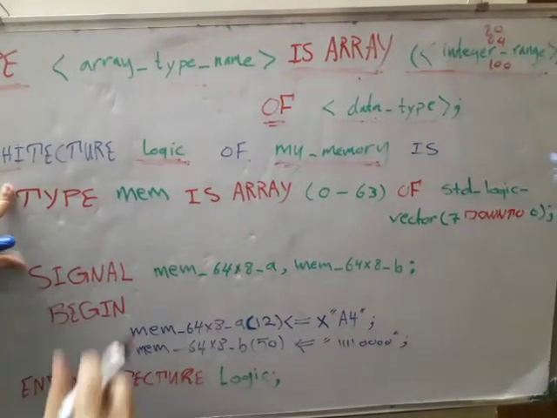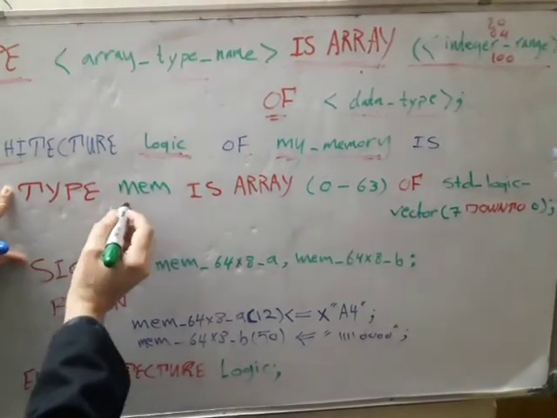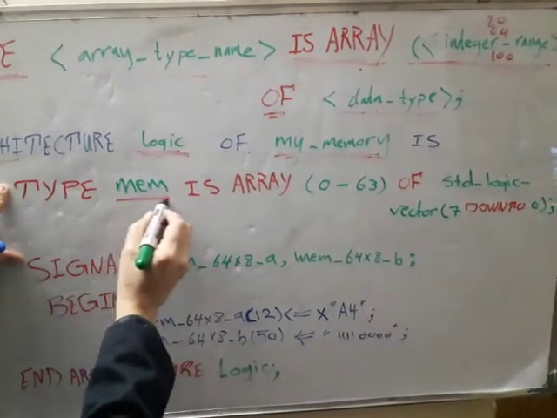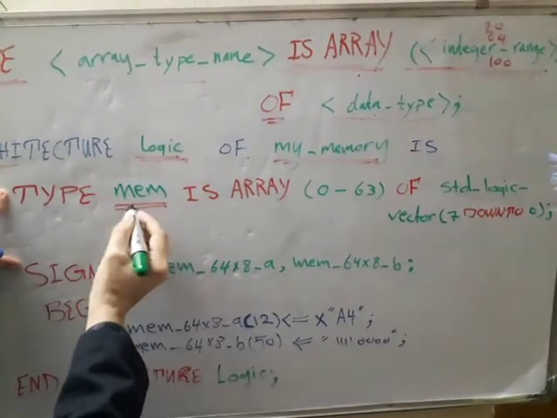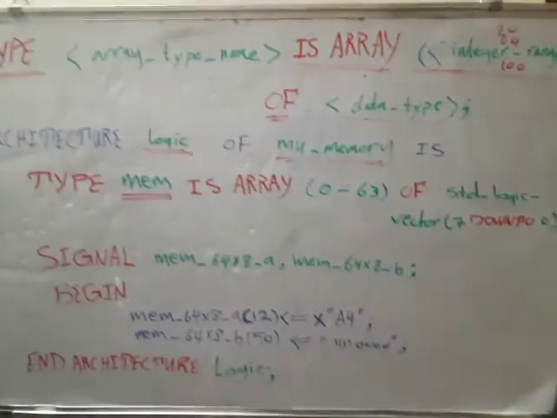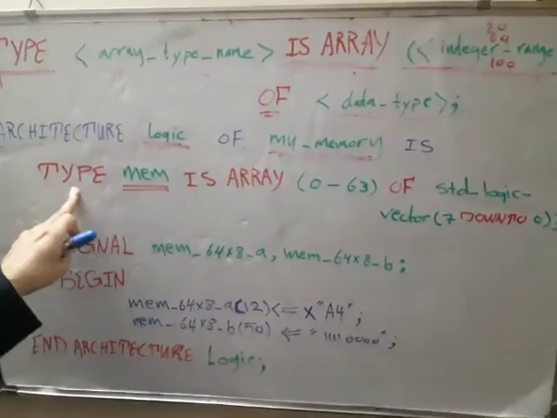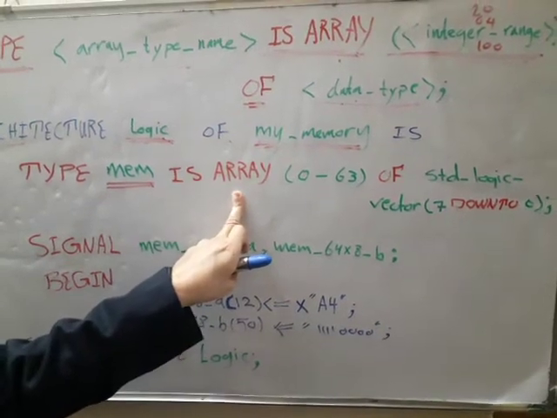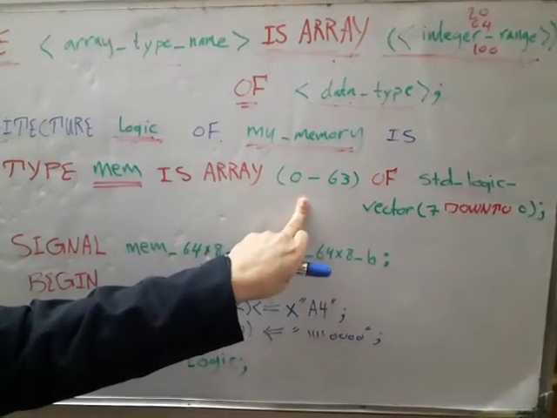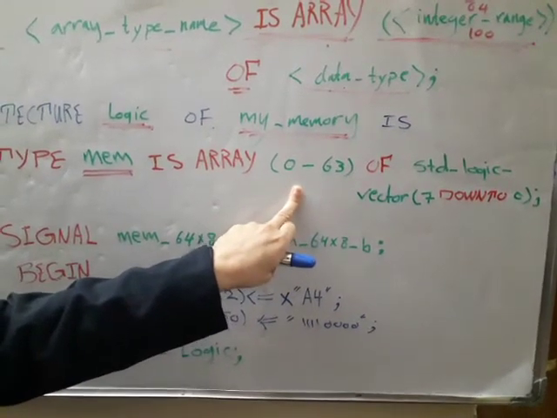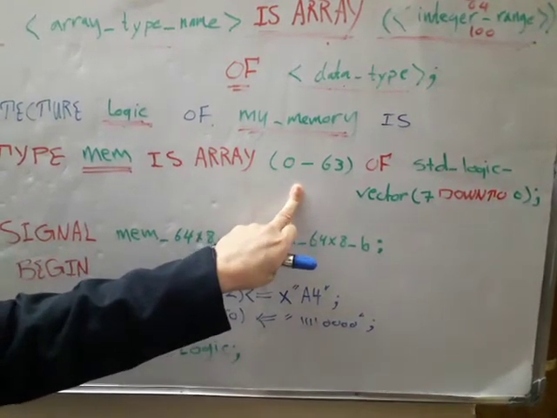Now we can define a new data type. Here we call it mem. So type mem is array. The length of this array is 64 data, 64 locations, 64 cells.